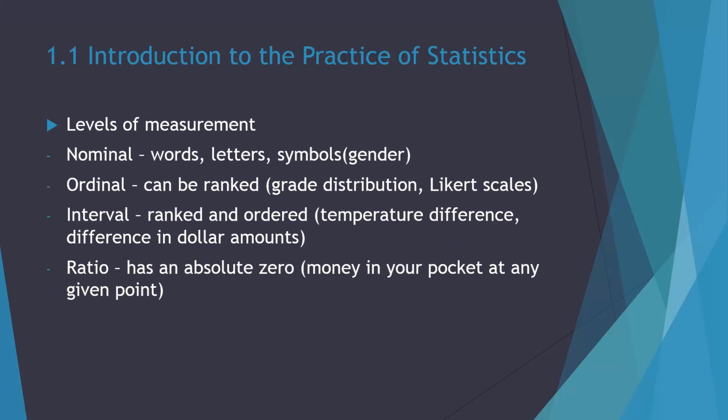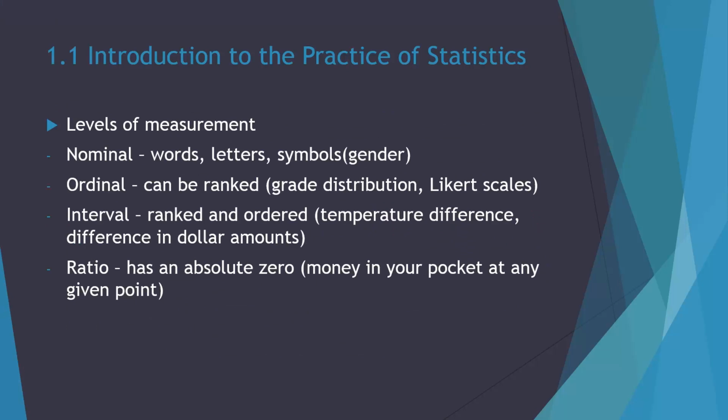Interval goes one step further, so it combines nominal and ordinal, and it adds that it can be ranked and ordered. So temperature differences and dollar amounts. It's saying the incremental change in temperature, for example, from 75 to 76 is the same as the incremental change from 88 to 89, or 115 to 116.